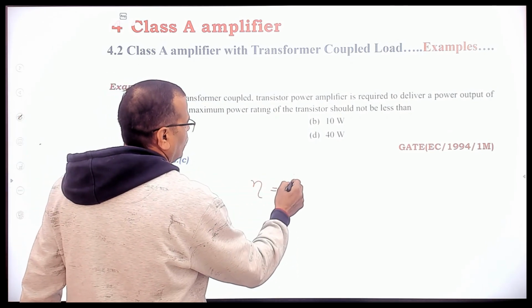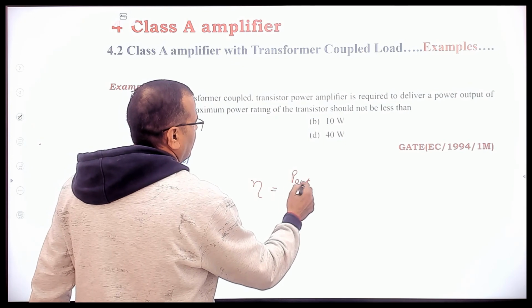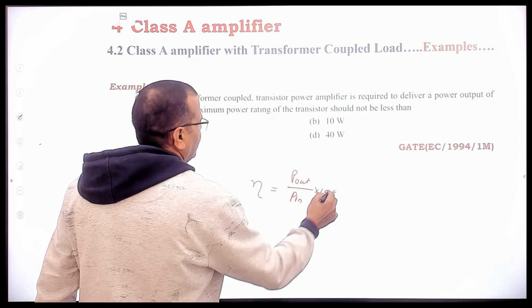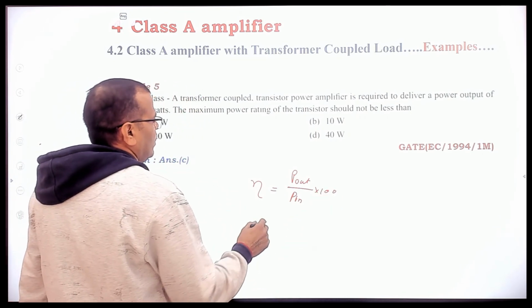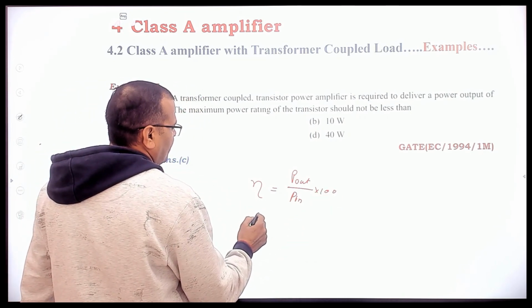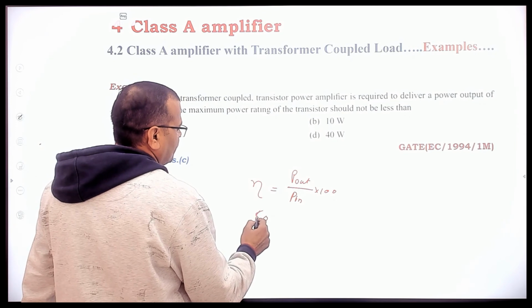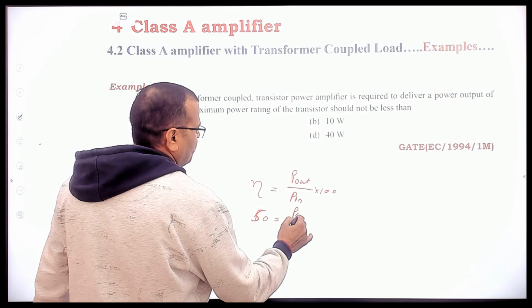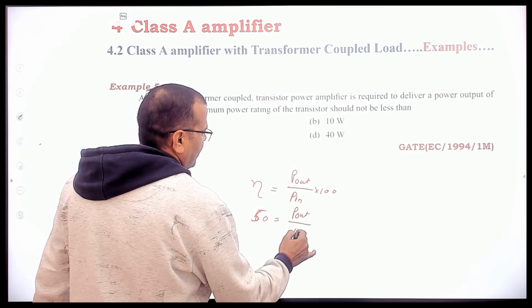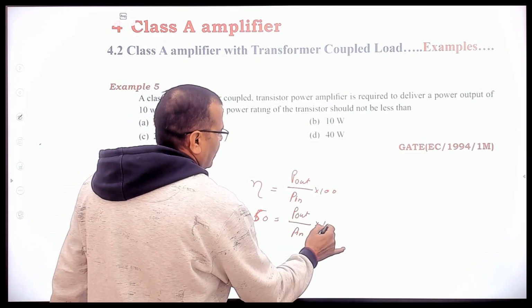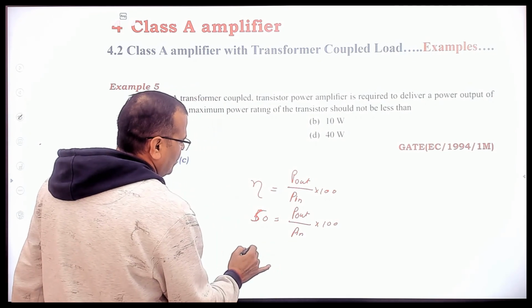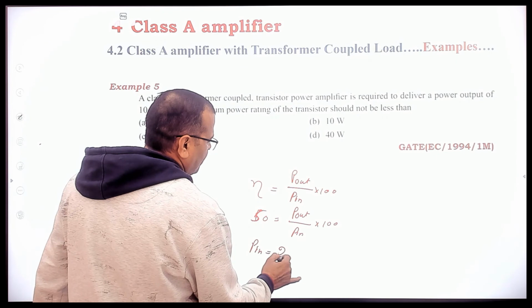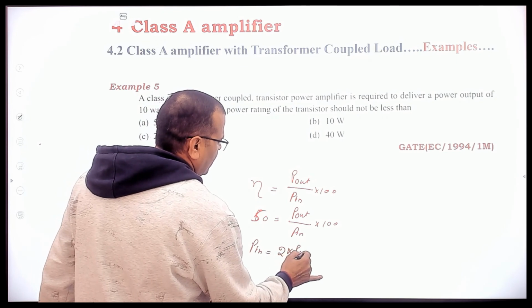That is output power by input power into 100, right? So the efficiency of class A amplifier with transformer coupling is 50%. So P out by P in into 100 gives P input equal to how much? 2 multiplied by P out. So P out is how much?